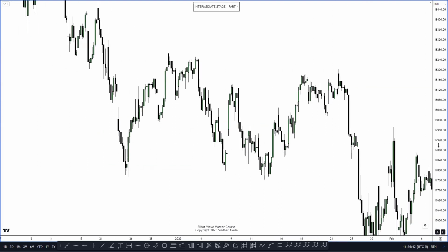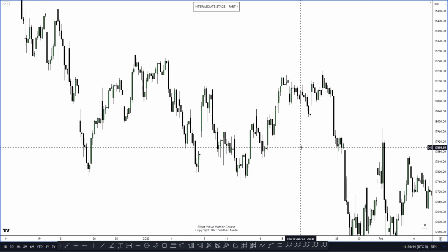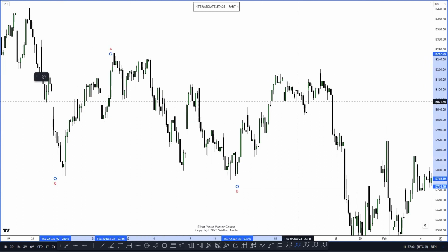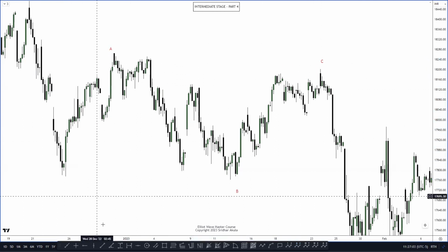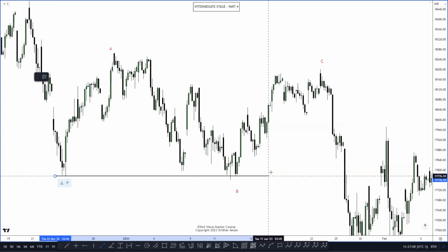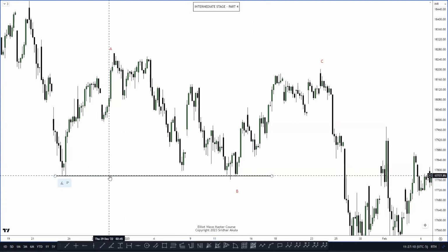This is an example for your irregular flat correction. In this move, you already know that your B will break the swing low of your A. In an irregular flat correction, your wave B will break the swing low of A. It can break even by 1 point, that does not matter.